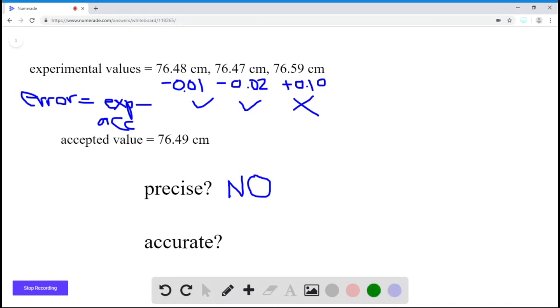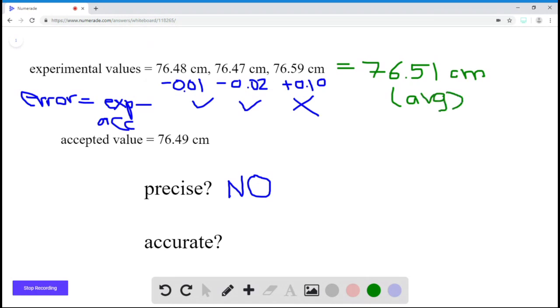In terms of accuracy, you want to figure out how close these values are to the actual accepted value. So if you take an average of your experimental values, you would get an average of 76.51 centimeters. So this is your average value.